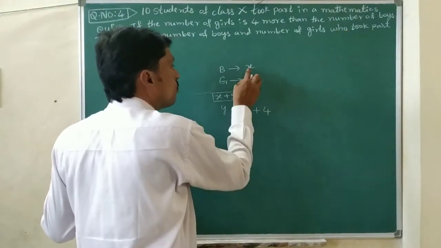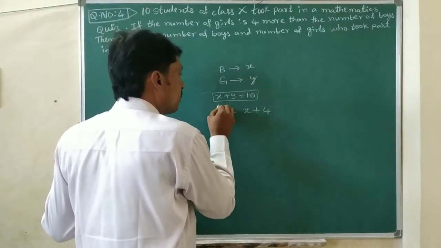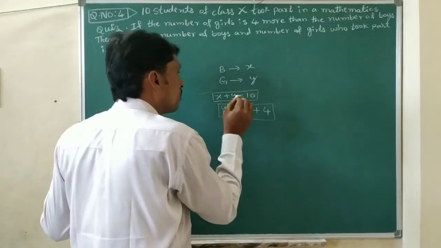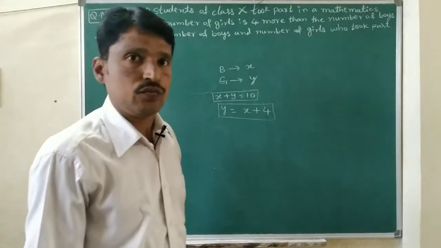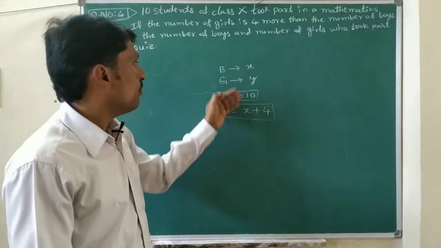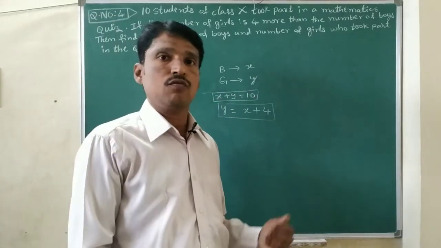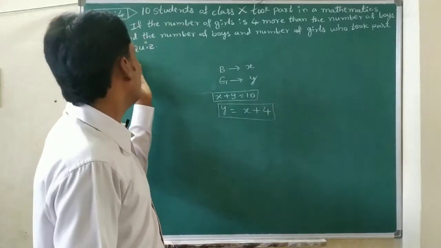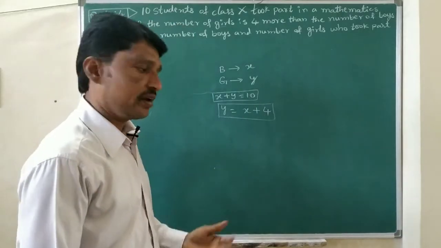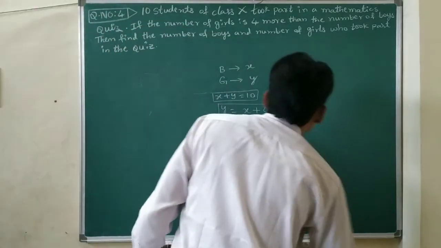Number of boys we took as x, means we are getting the equation y equals x plus 4. We are solving both equations, and we get the number of girls and number of boys who took part in the mathematics quiz. So let us see.